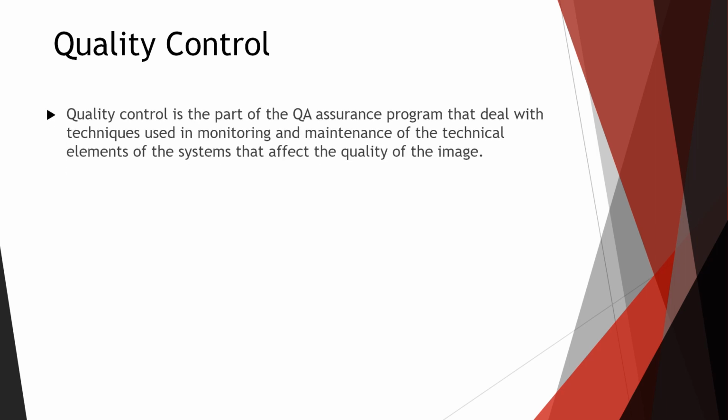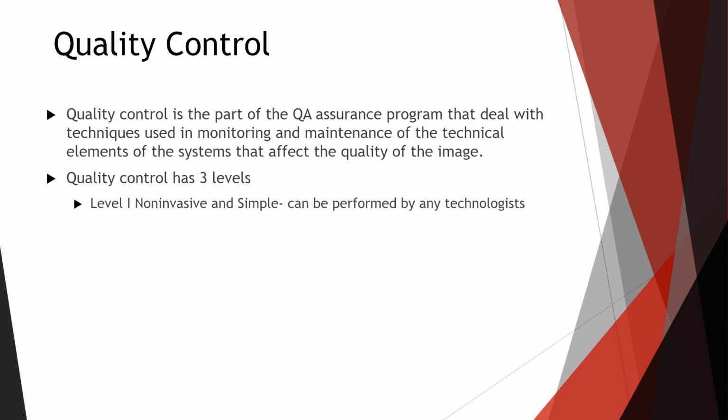Quality control. Quality control is the part of the quality assurance program that deals with techniques used in monitoring and maintenance of the technical elements of the system that affect the quality of the image. So quality control is more about the equipment. Quality control has 3 levels, and that can include, of course, like the table, the detector, all those kind of things. So level 1 is non-invasive and simple, and this can be performed by any technologist.